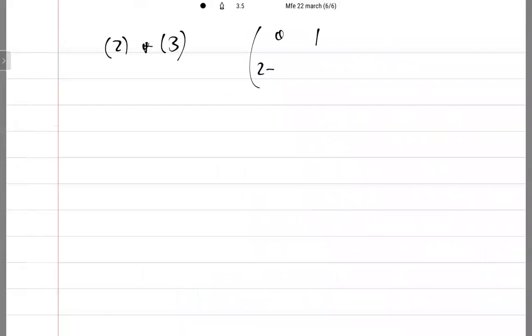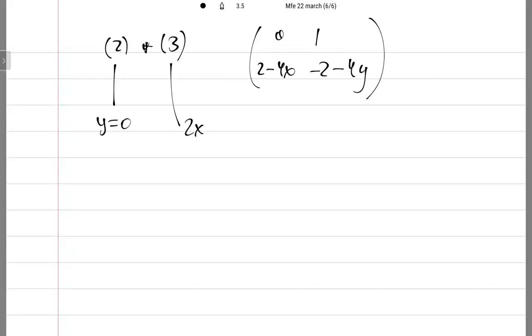We have 2 minus 4x minus 2 minus 4y. And the second one is y equal to 0. The third one is 2x minus 2x squared minus 2y minus 2y squared is 0.